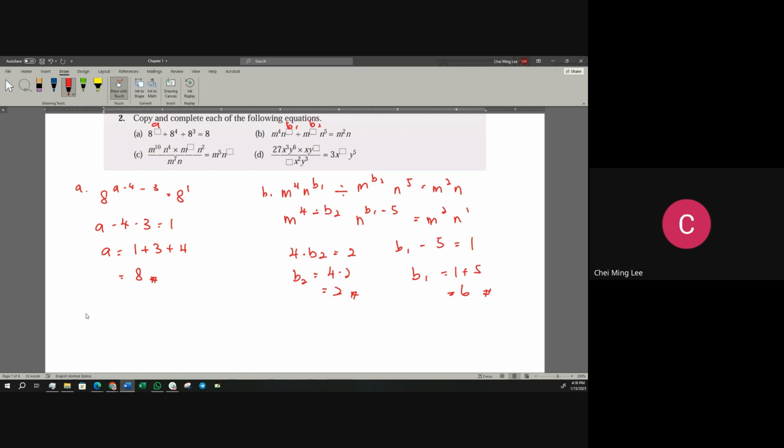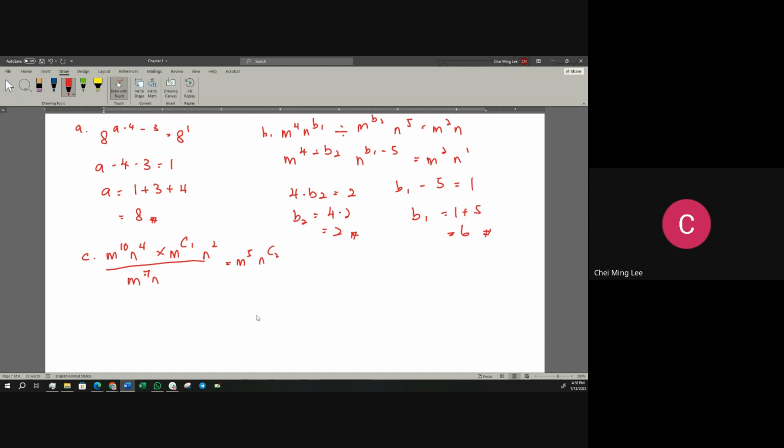Can I? Now for the other way around, this one. This one is plus, correct? So m power of 10, n power of 4 multiplied by m power of C1, n power of 2 divided by m to the power of 7 and n, equals to m power of 5 n power of C2.